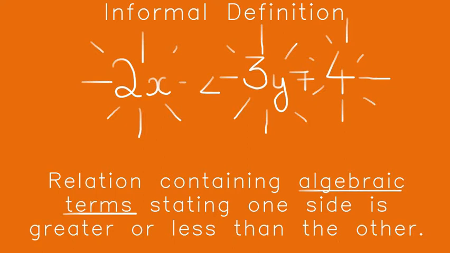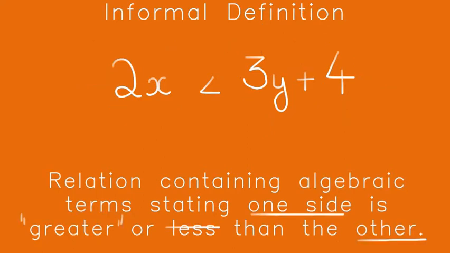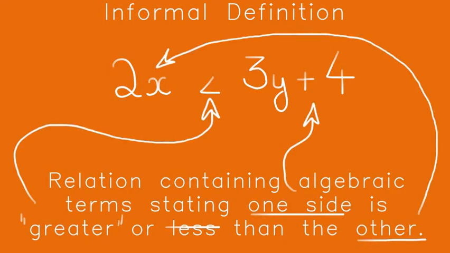Again, what I was discussing previously is that this is defining a relationship. We are being told that one side, for example 3y plus 4, is greater than 2x.